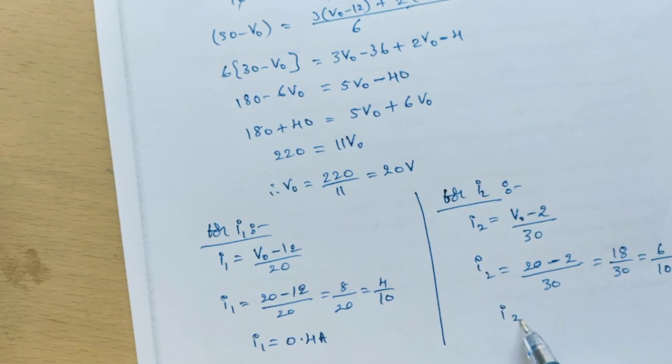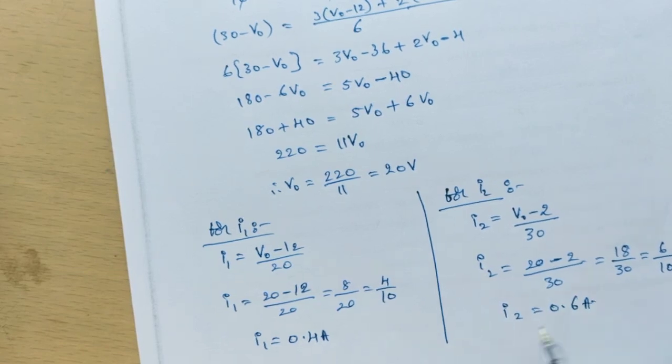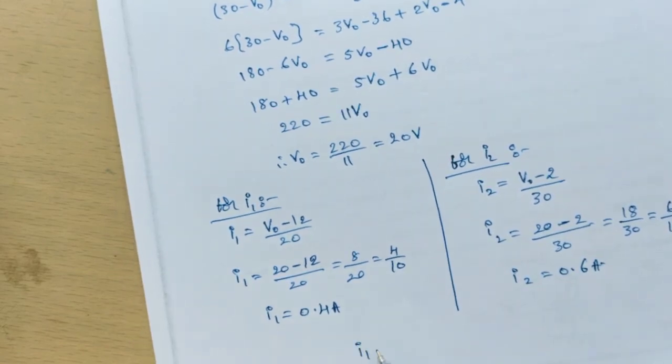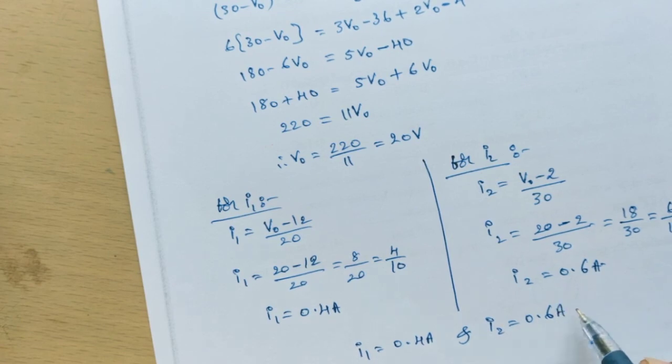So I2 is equal to 0.6 ampere. So we are finding I1 as 0.4 amperes and I2 as 0.6 amperes. These are the things we calculated.